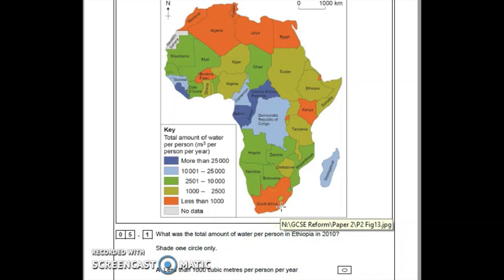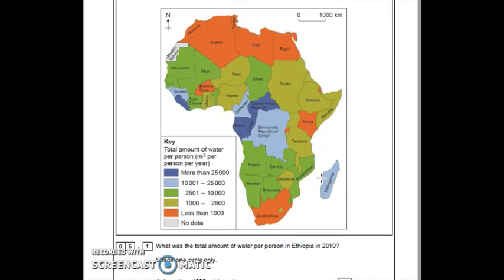You might say, and be a bit more specific, you can just add up the number of countries, particularly in the north, and you can say there are 1, 2, 3, 4, 5 countries in the north of Africa that have less than 1,000 meters cubed per person per year. So as long as you pick out a couple of points, use the place names. A good thing to do would maybe be to also count up the amount of countries just to add that level of complexity into your description.